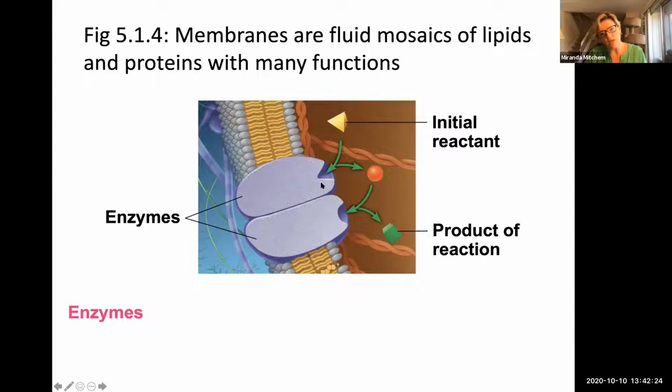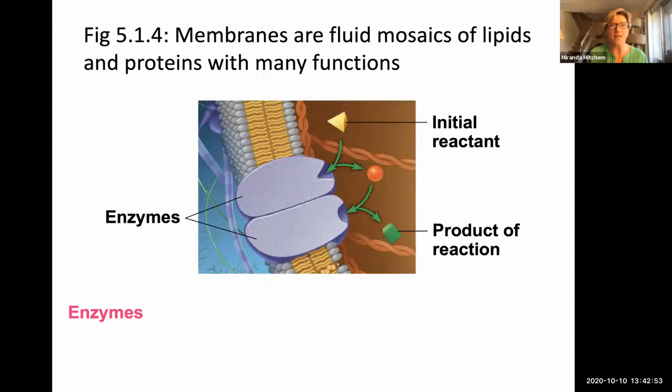Notice the different shape in the binding site on each of these enzyme proteins. So the orange circle binds onto the second part of the protein, matching the shape, and the final product is produced, which is this green square. So this is a sequence of enzymes, and many of the reactions in our body are even more than just a two-member sequence.